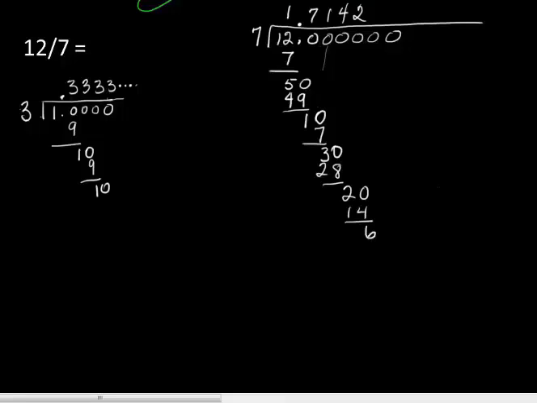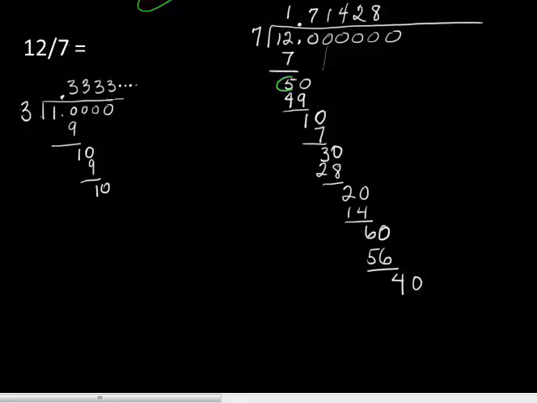So we keep going, bring down 0. 7 times 8 is 56. It goes in 8 times, subtract, we get a remainder of 4. Bring down the 0. Well, now how long is this going to last? I mean, when are we going to get a repeating part? To see this, let's circle the remainders that we have here.